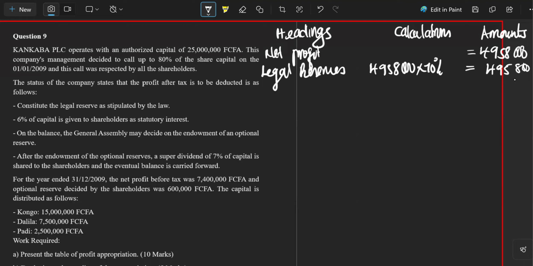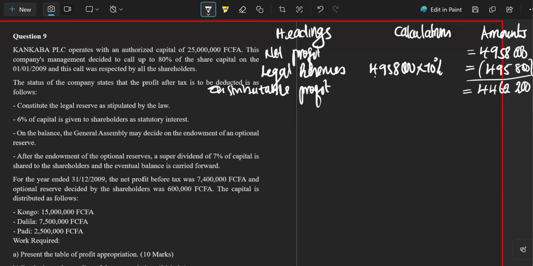Now we come to distributable profit. For distributable profit, we subtract. Look at the difference between these two amounts. The difference gives us 4,462,200 francs.